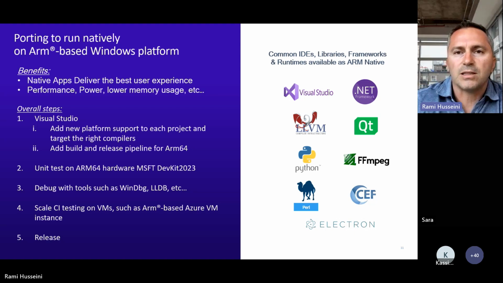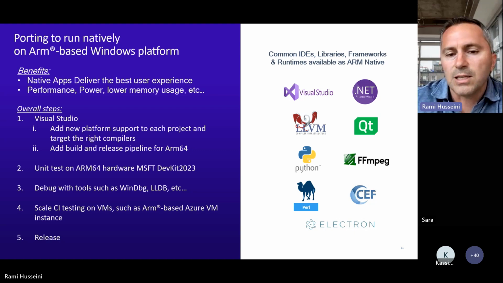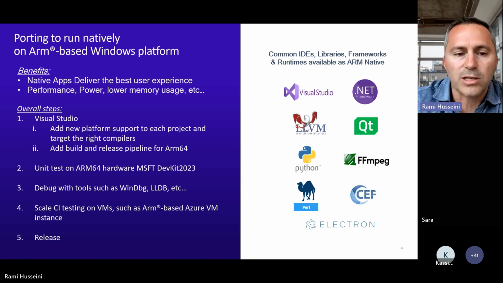So you can see that the open source community has really adopted and started releasing native Windows ARM solutions for not just these logos, but many more and beyond. That makes it much easier when you start to develop to be able to access those native ARM solutions and link them into your projects.